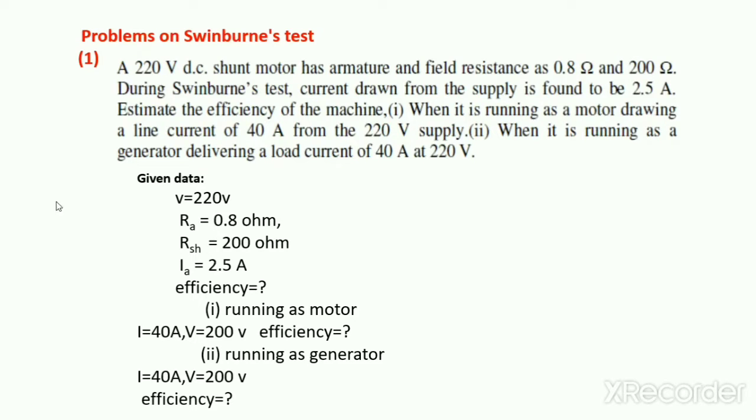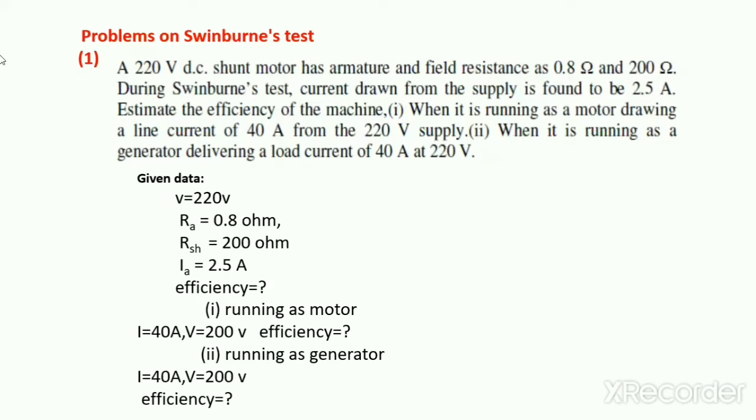Now, coming to how we calculate the efficiency by using the Swinburne's test. First of all, this is the given data: a 220 volts DC shunt motor. The Swinburne's test is conducted on a DC shunt motor because we are determining the efficiency.